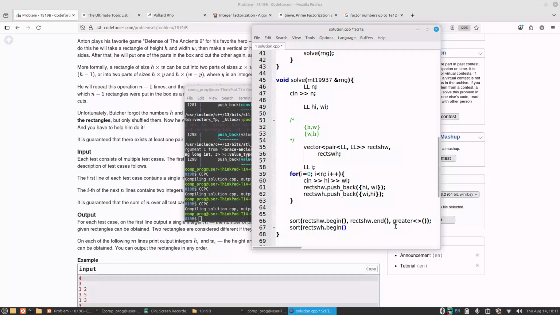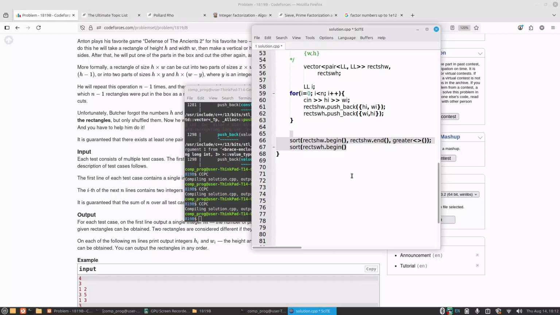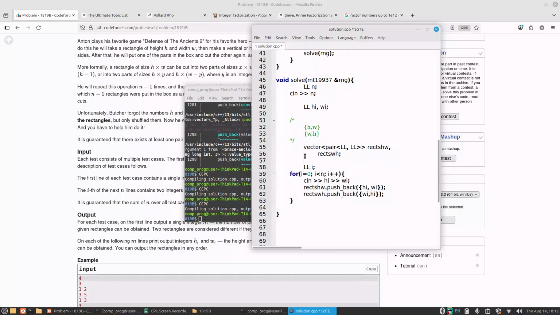Yeah, we'll probably just use a set of rectangle heights or whatever. And then you just do that to the end. Oh, I don't think we even need a sort, because we'll just be using this as a set too. Yeah, let's make these sets.